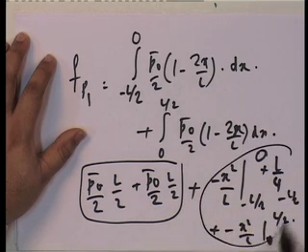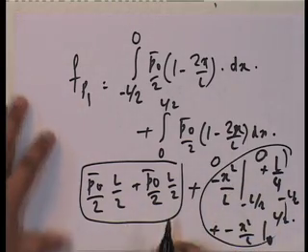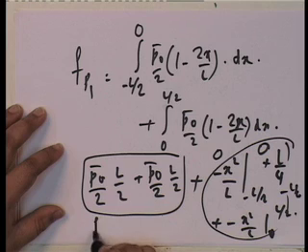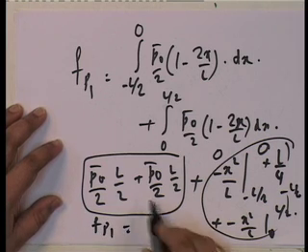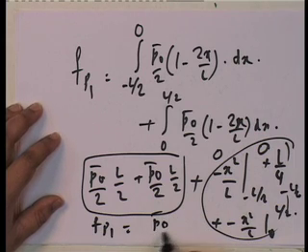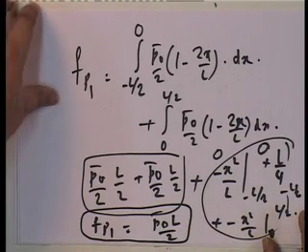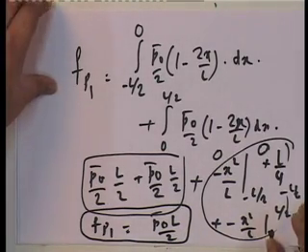So, this whole thing becomes 0. So, if I look at f p 1, my f p 1 turns out to be equal to P naught L by 2. Okay. So, that is my f p 1.